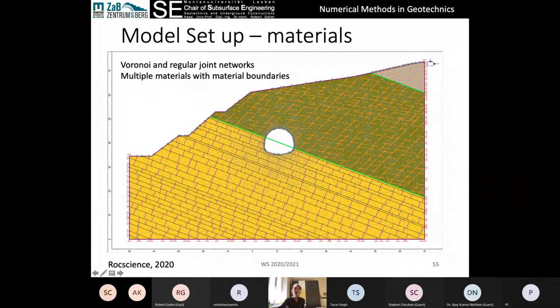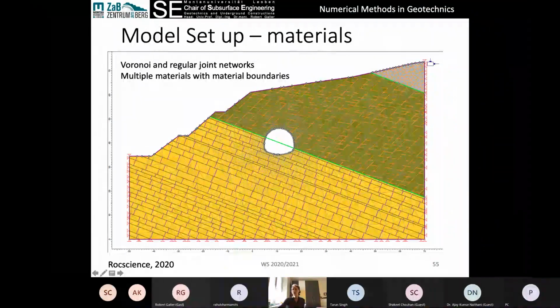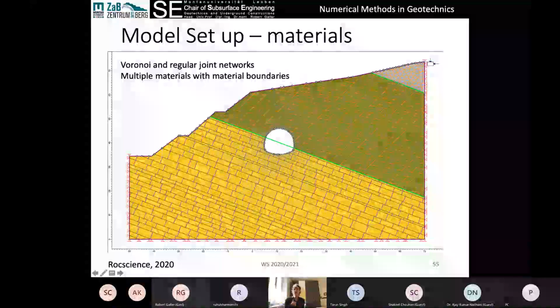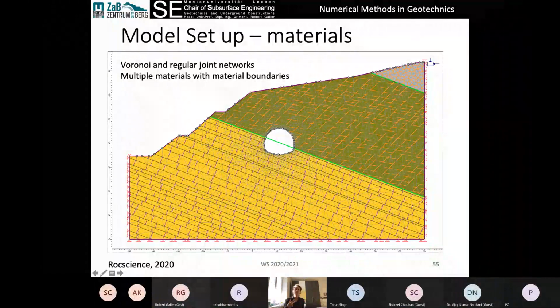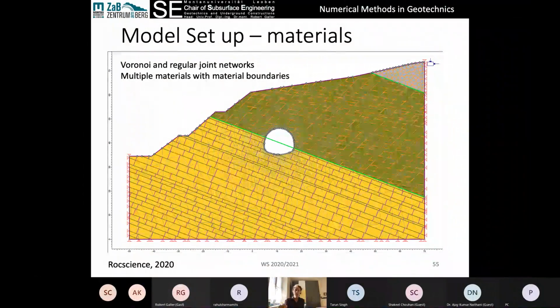That's a completely valid way of representing a jointed rock mass without having to put in these discrete joints, which require you to know something about their orientation, their strength, their stiffness, and then additional computational effort. So these are all complexities that you have to think about very carefully when you're choosing your materials and how you represent those materials.